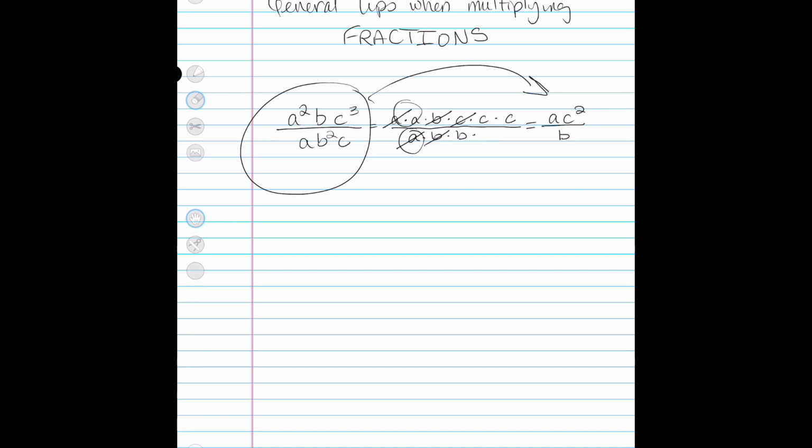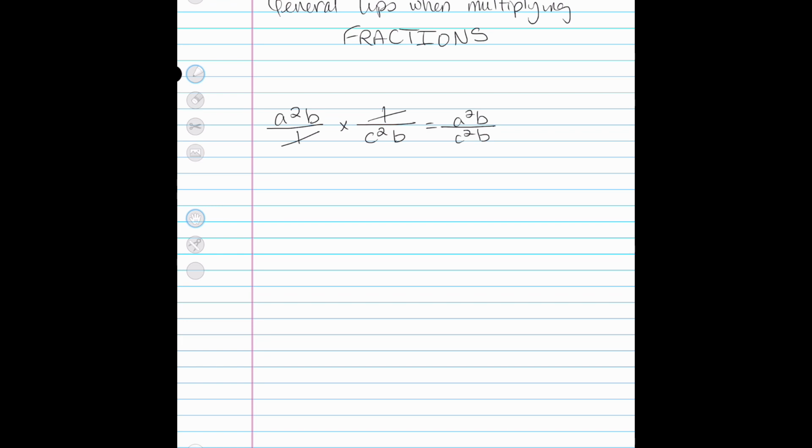Let's do another one, something a little bit more extensive, all right? So let's say that we have A squared B over 1 times 1 over C squared B. Now, what this means is that from the properties of multiplication, this is literally just the same as saying A squared B over C squared B. It's the same thing because these two numbers cancel each other out, all right?